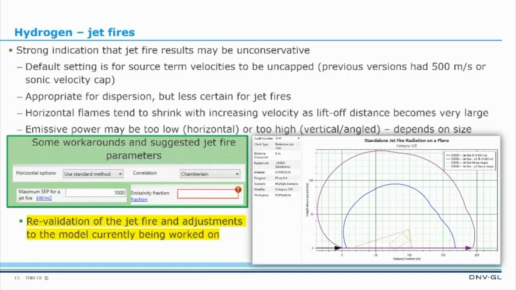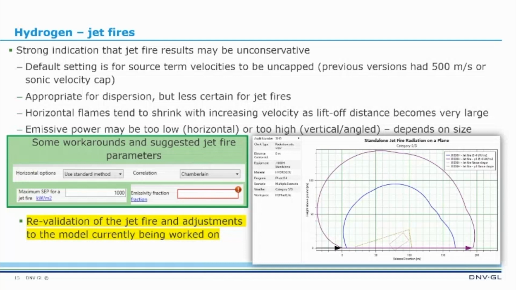Now, one feature of the Johnson model is the lift-off distance becomes extreme for very high velocity jets. It's possible that's representing the very high turbulent region of the jet, which could be quite realistic, but there's no radiation emitted from that. And so you can get quite misleading results from the default method in Phast for horizontal releases.